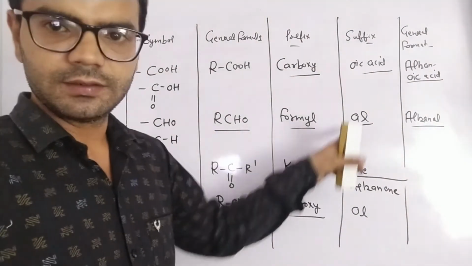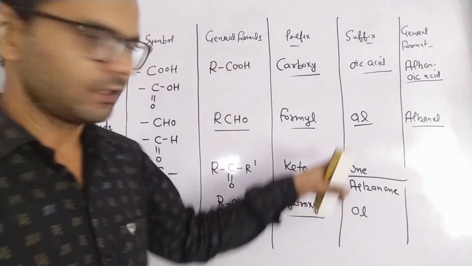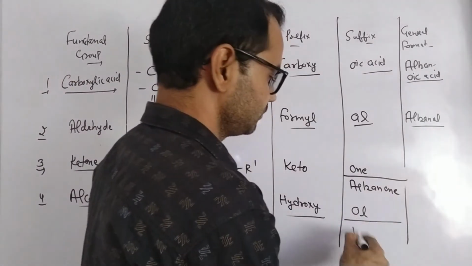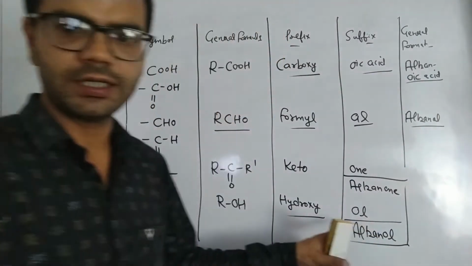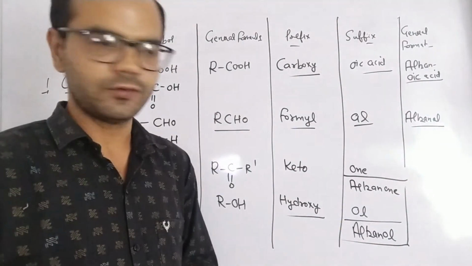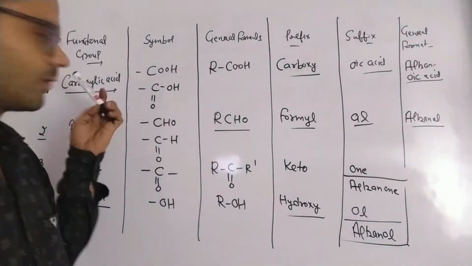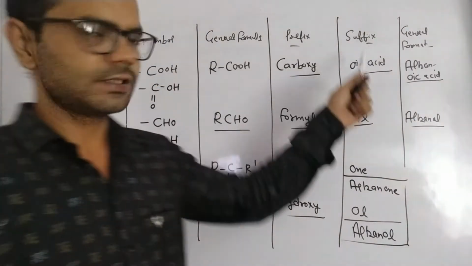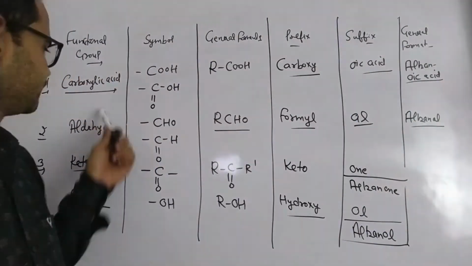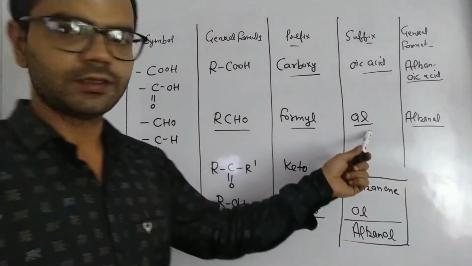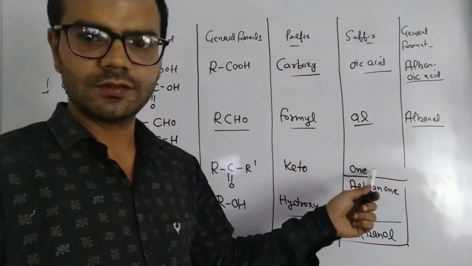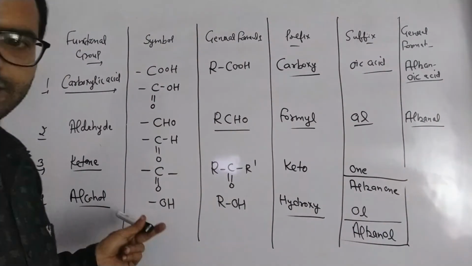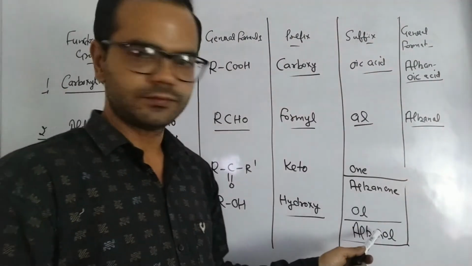This is al, this is ol. So general format will be alkanol. So these are the four major groups. First is acid, suffix is oic acid. Second is aldehyde, al. Third is ketone, suffix is one. Fourth is alcohol, suffix is ol.